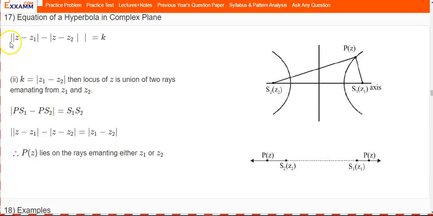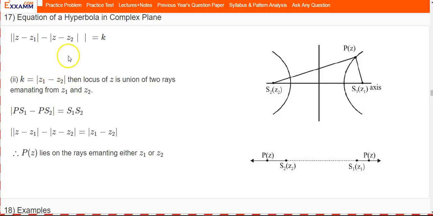It means that the equation of the hyperbola would become modulus of the difference between modulus of z minus z1 and modulus of z minus z2 equals a constant. If this difference is constant, then we will get the hyperbola.